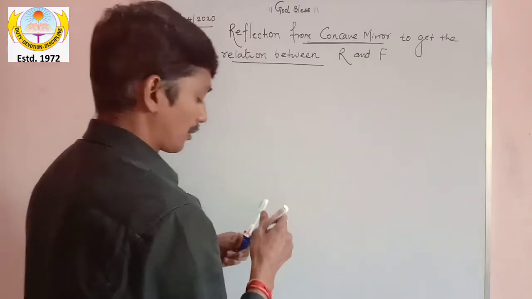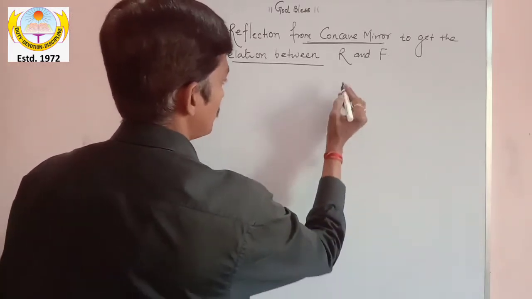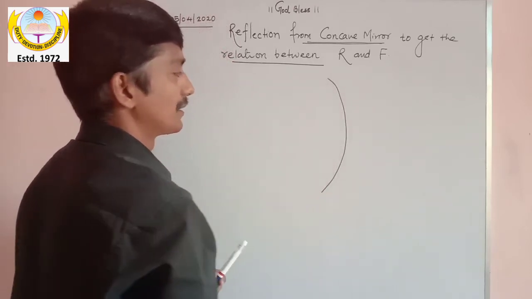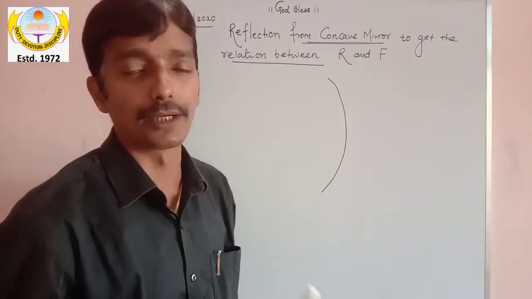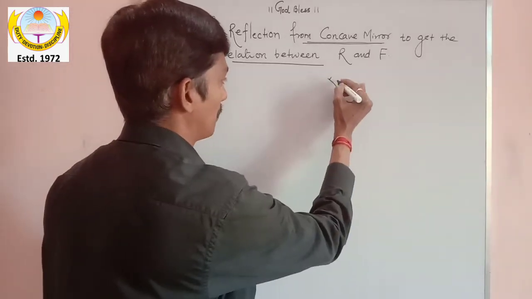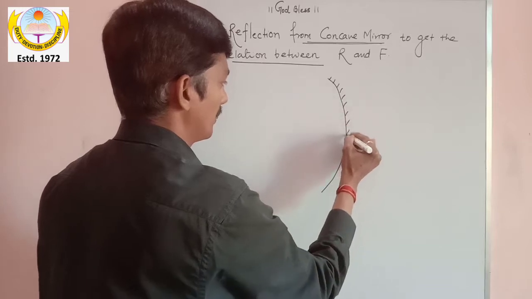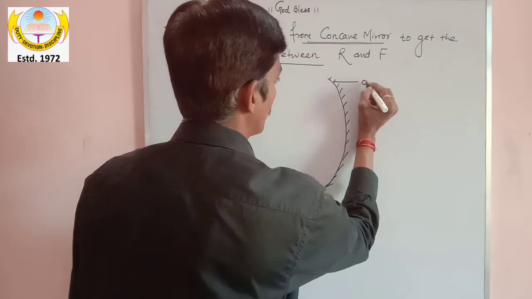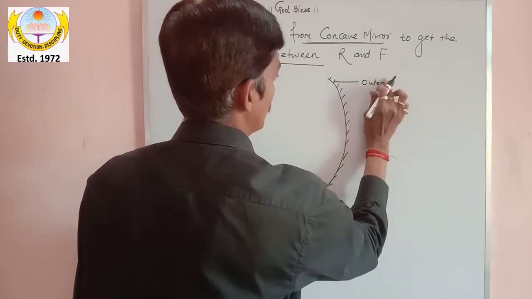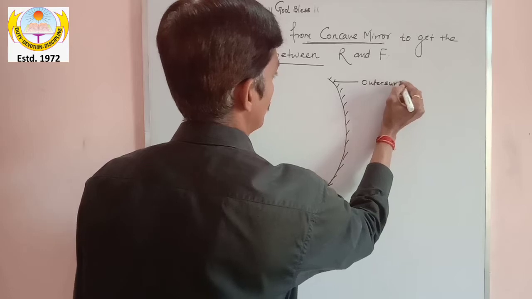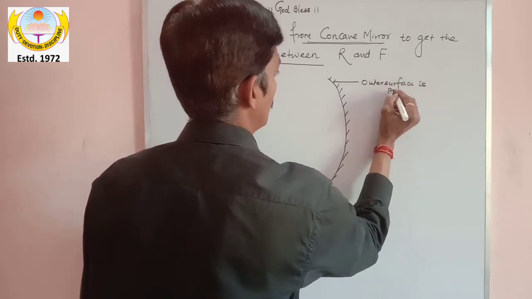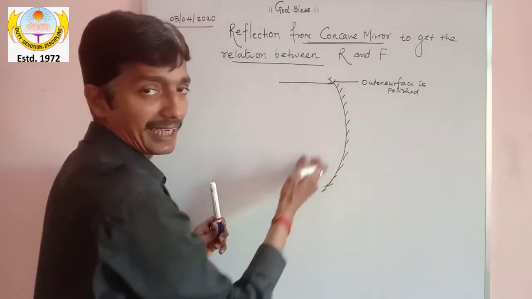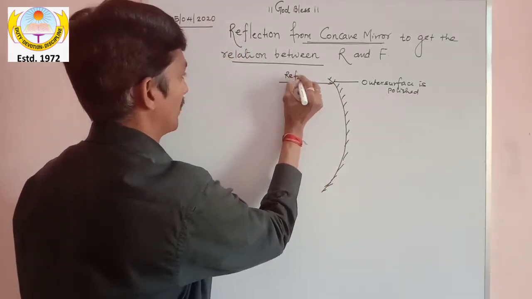Now, let us draw the concave mirror first. My dear, this is a concave mirror. No, it is not a concave mirror unless and until I make it polished. So in concave mirror, you all know, in my first video I have told you that the outer surface is polished and the inner surface, the inside one, is reflecting.